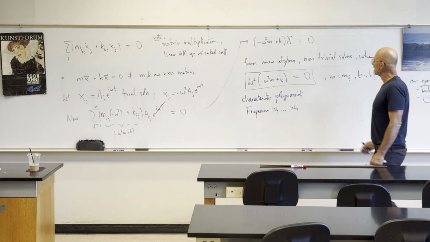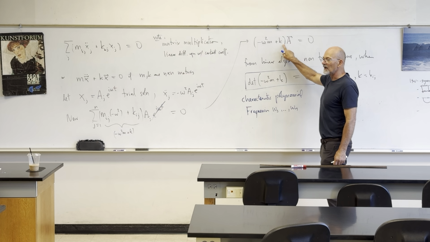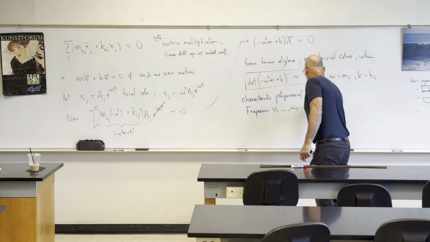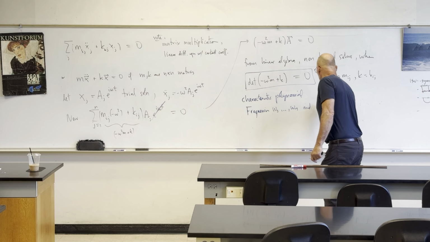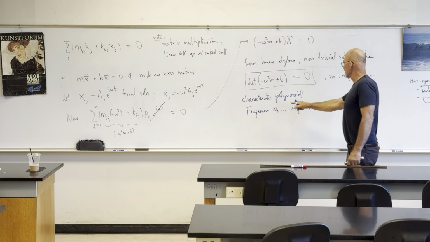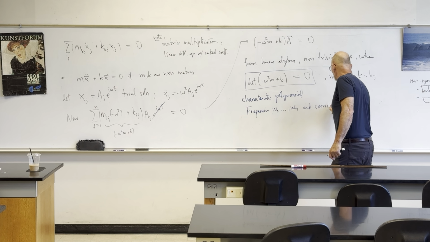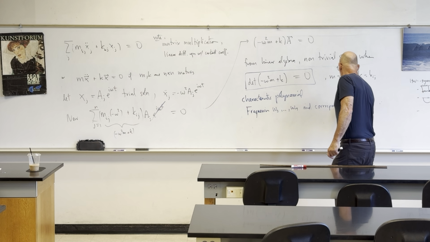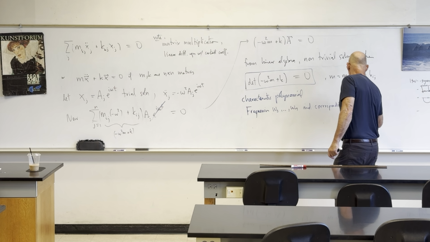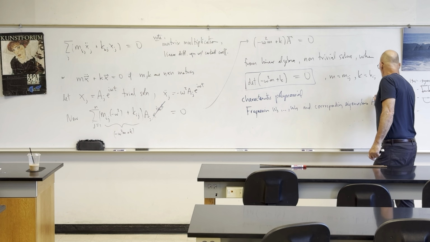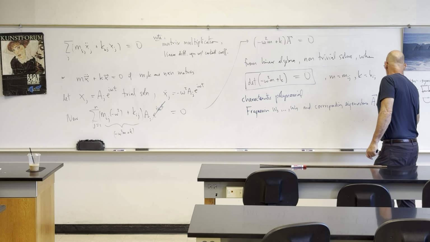And because this is an eigenvalue eigenvector problem, we can also get the eigenvectors corresponding to the frequencies, so the frequencies omega 1 to omega n and the corresponding eigenvectors A1 to A sub n.